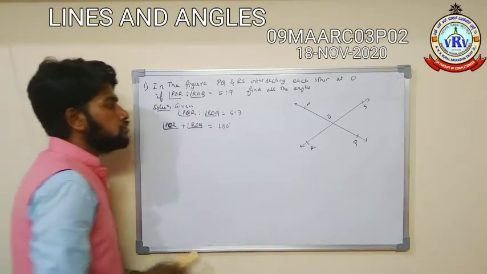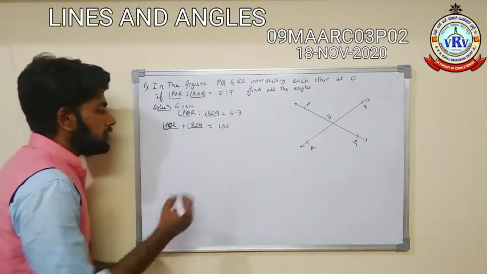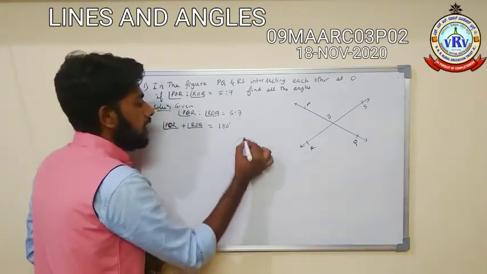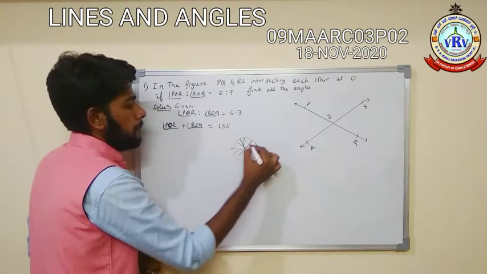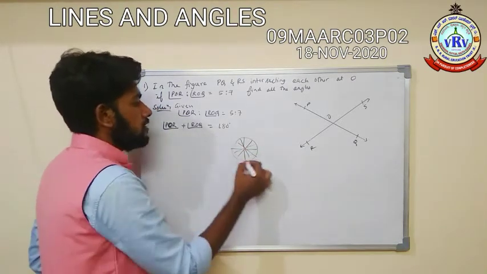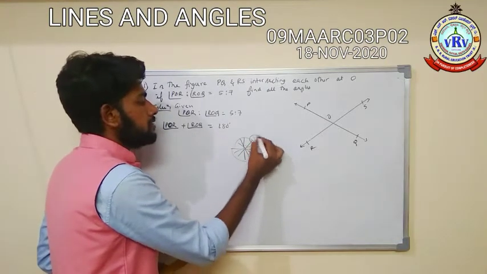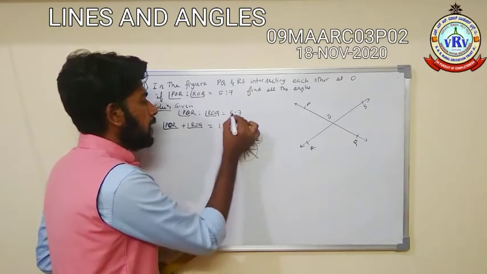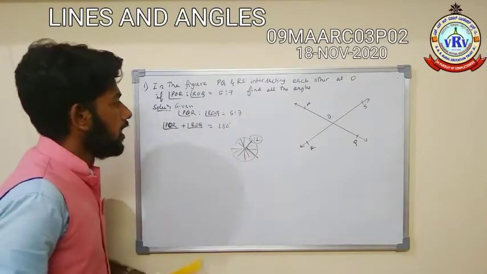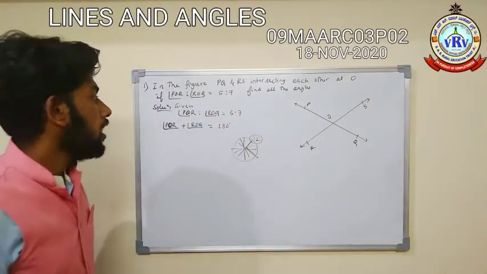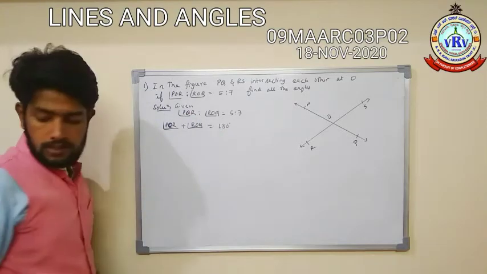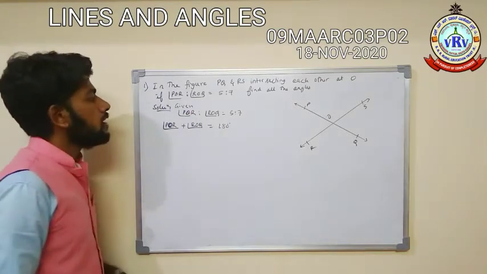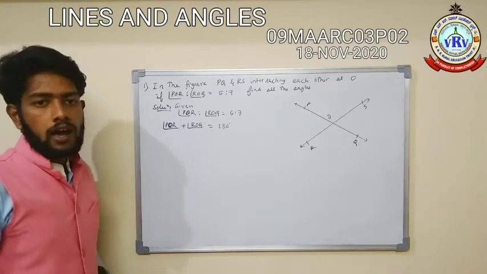So the ratio means if I divide the angle into 12 parts, 5 parts are POR and 7 parts are ROQ. So out of 12, 5 parts belong to POR and 7 parts belong to ROQ.